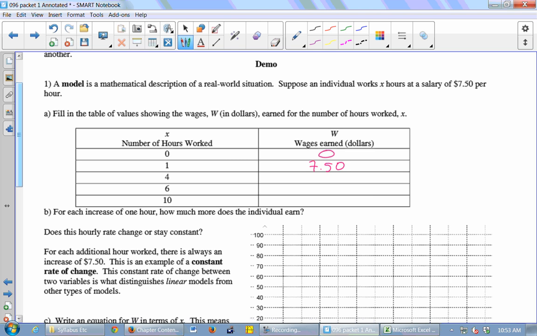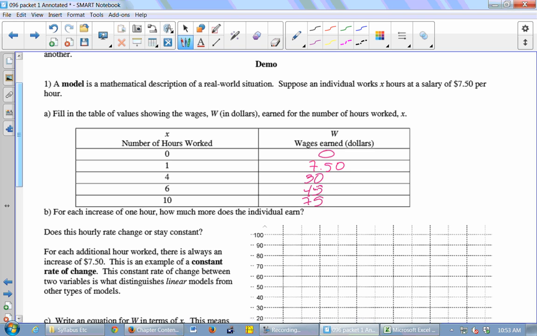How about if they work 4 hours? $30. How'd you figure that out? $7.50 times 4 hours, $30. How about 6 hours? $45. And 10 hours? $75. Good.